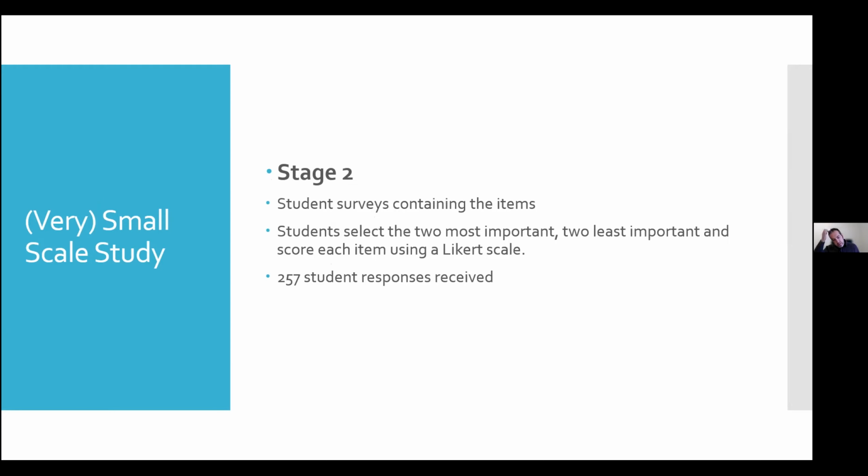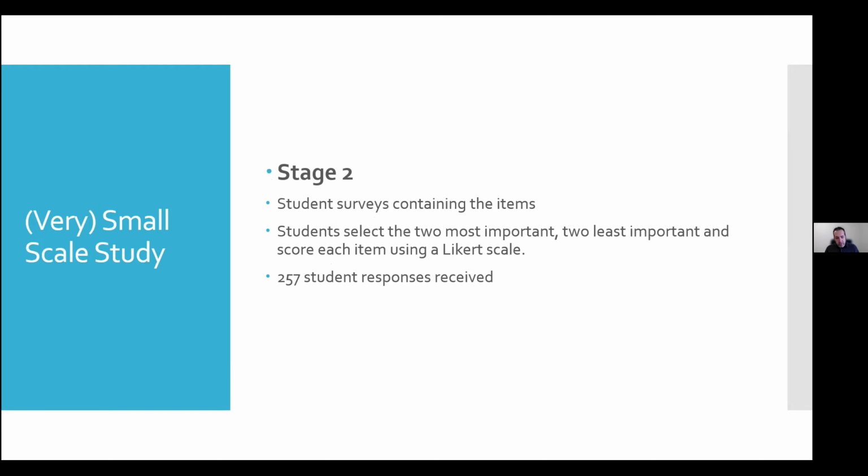I conducted stage one, the initial analysis, simply as a result of my own curiosity. However, following coding, I became curious to see how students might score the coded items in terms of importance.